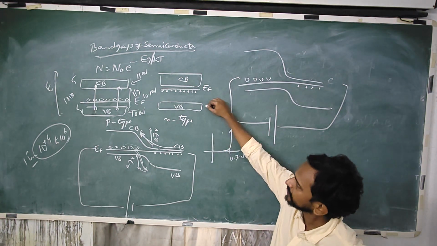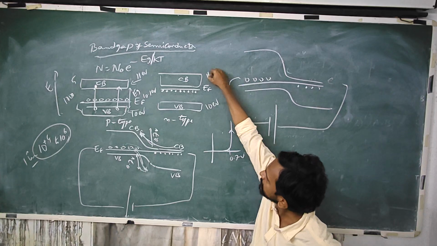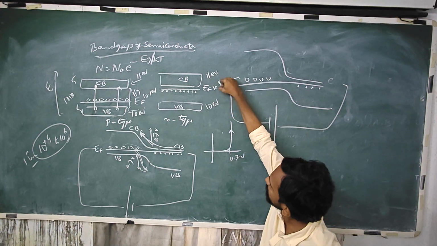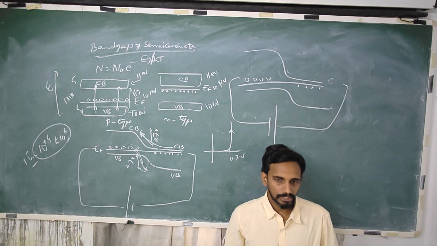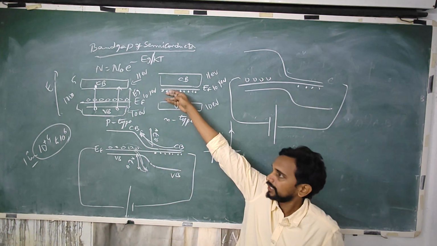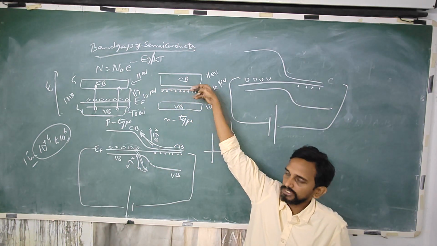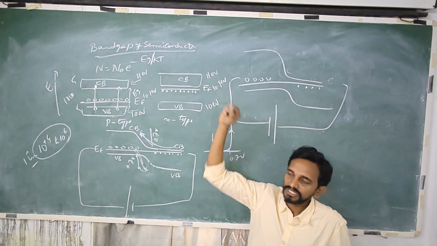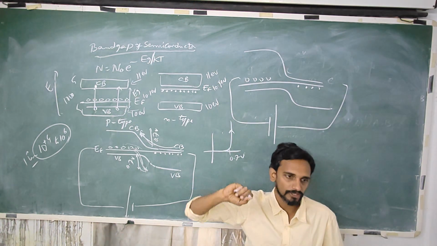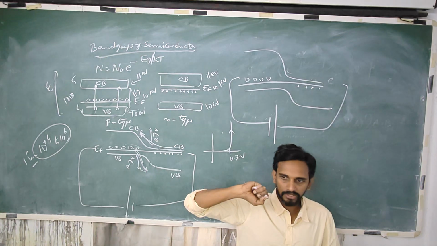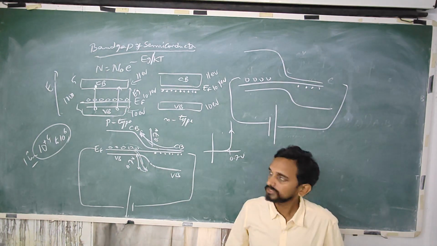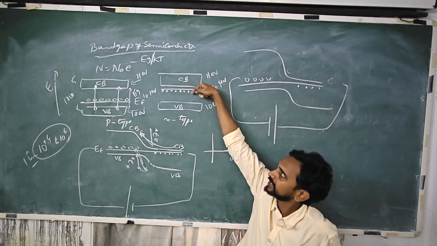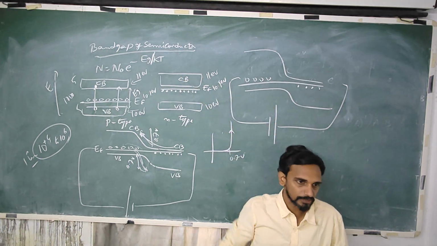The same way here also 10 electron volts, 11 electron volts, 10.9 electron volts. So energy of all the electrons from phosphorus will require very less amount of energy to send them into conduction band. So if you supply just 0.1 electron volts of energy, they'll simply go into conduction band.